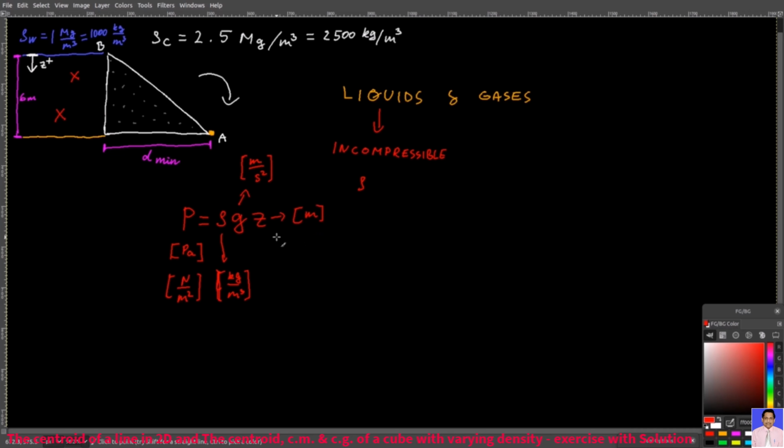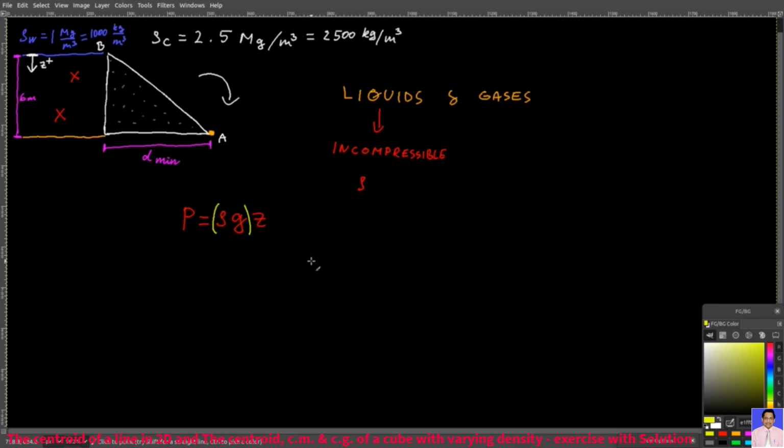That's your depth. This is called the Pascal law, and as you can see, if the density of the fluid and g are constant, which is our case here, then pressure depends on z linearly. So this here, rho times g, would simply be a constant. It's simply a linear function here.